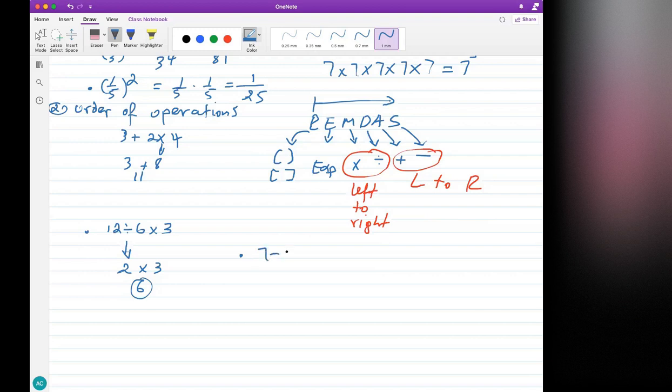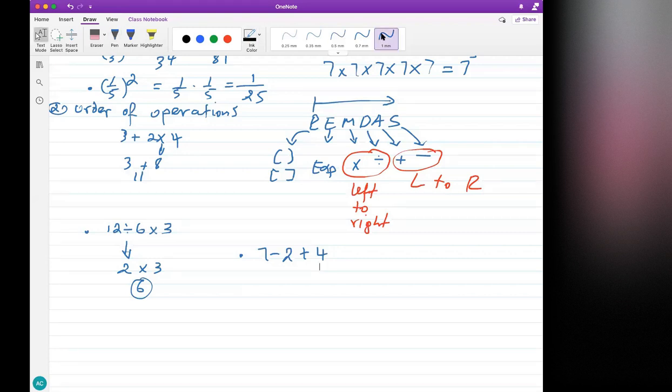You have 7 minus 2 plus 4. Same thing. Which one is done first here? Which operation do we do first in this one? Addition, right?